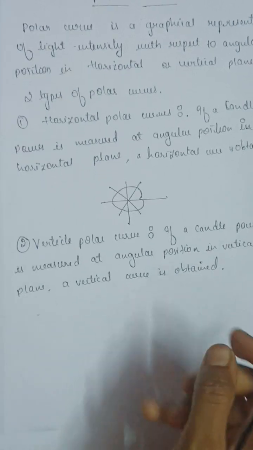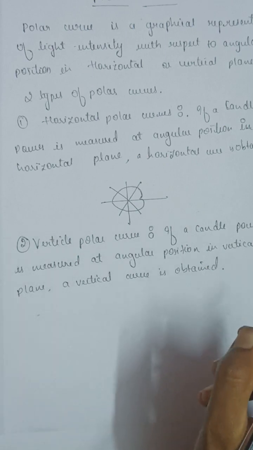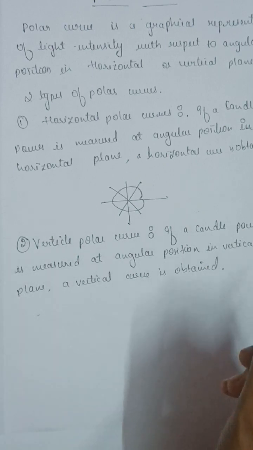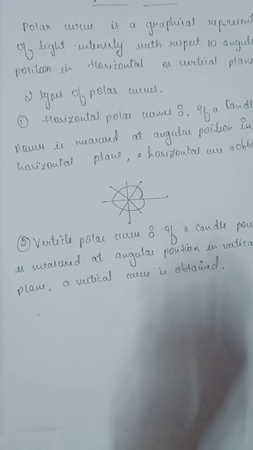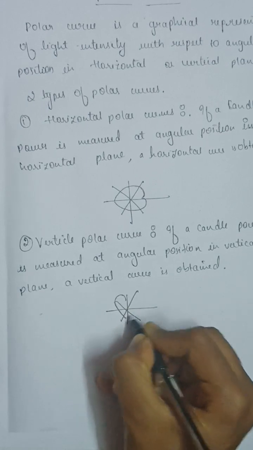So in a vertical polar curve, if a candle power is measured at angular position in vertical plane, a vertical curve is obtained. So this graph comes like this, vertically.